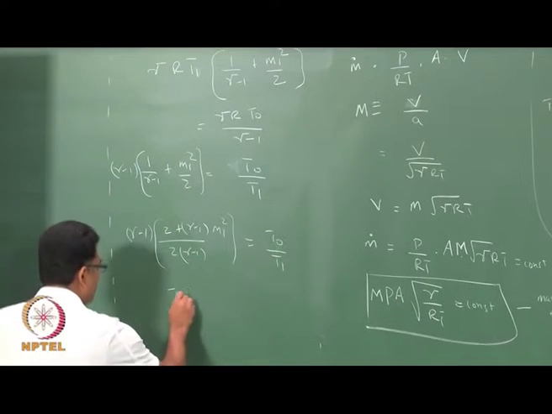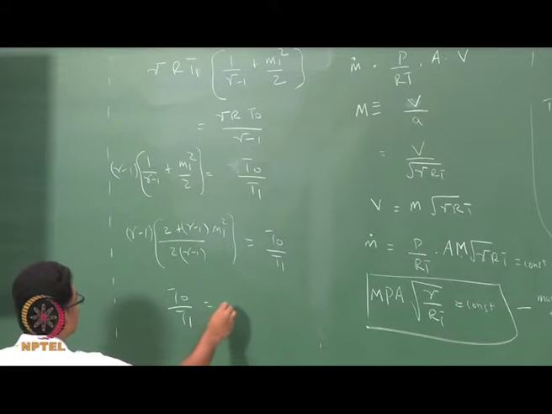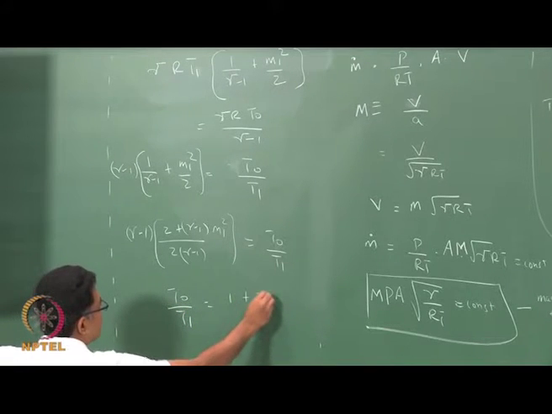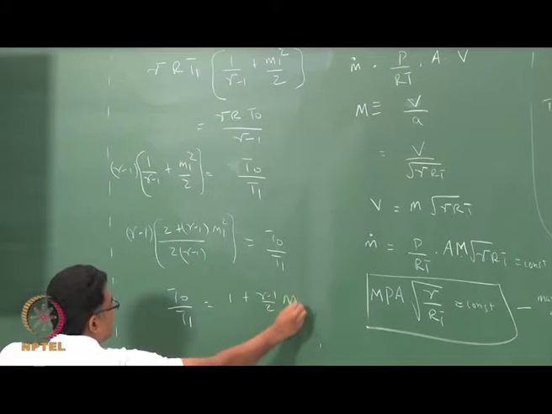So, my T0 by T1 is nothing but 1 plus gamma minus 1 by 2 into M1 square.